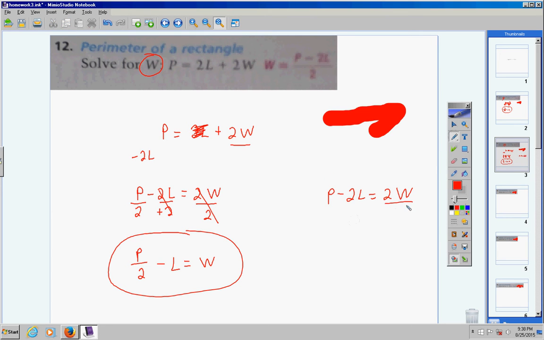They divided this side by 2. And they divided this side by 2. And they left it like this. Now, that's accurate. You would not want to cross these 2's off here because you have how many terms up top? I've told you that before. You have 2 terms. Don't do that, okay?